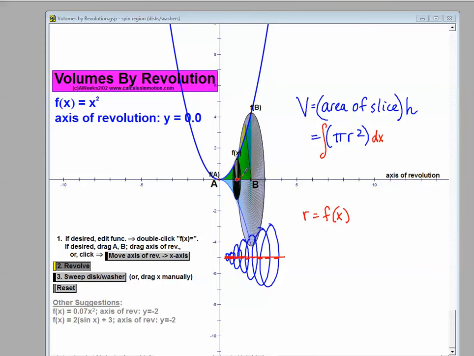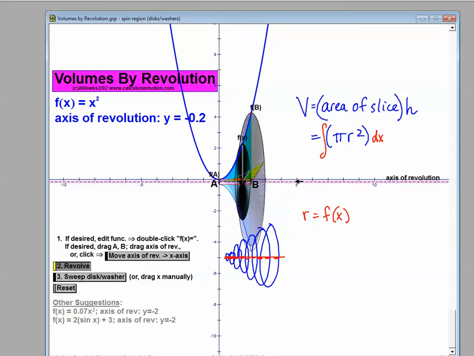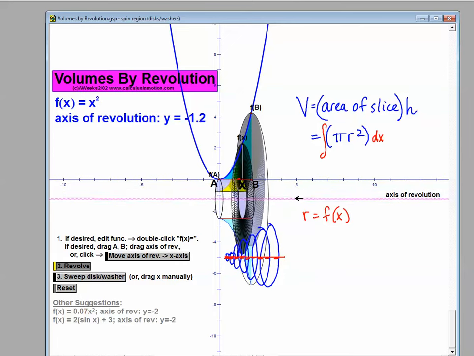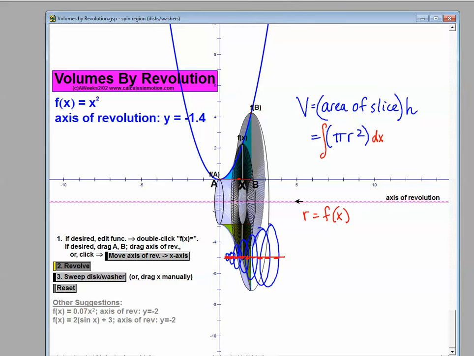If I move this disk to the right, it gets longer because the function goes up. If I move it to the left, it gets shorter because the function goes down. It's all dependent upon where the function is. Now, be careful, because if I move that axis of rotation that is at the x-axis, can I move that? Notice how my disk gets longer when I move it this way, because it's not just now where f of x is, it's this entire length right here, the f of x length plus an additional amount that we've moved.